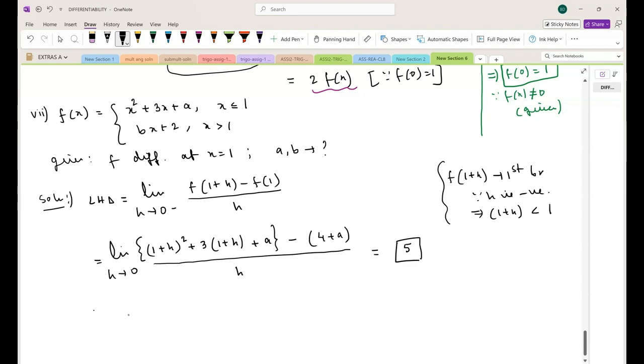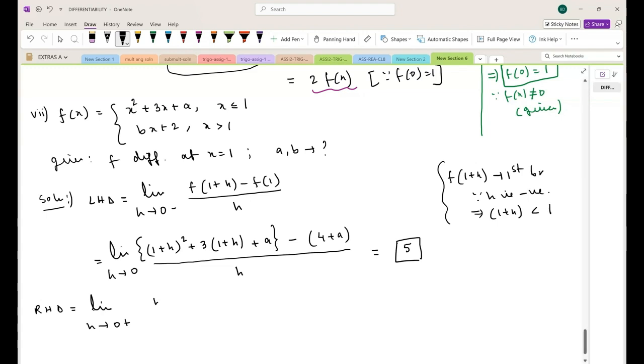Calculation you can manage. Now right hand derivative, h tends to 0 from the right. So f(1 plus h). This time h is positive, so 1 plus h is greater than 1. So the second branch will apply here.